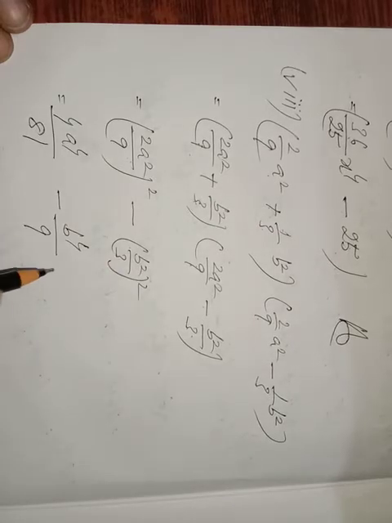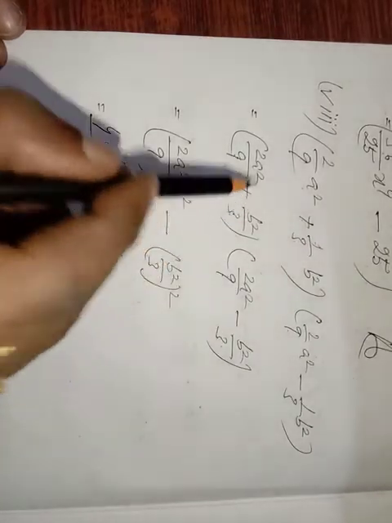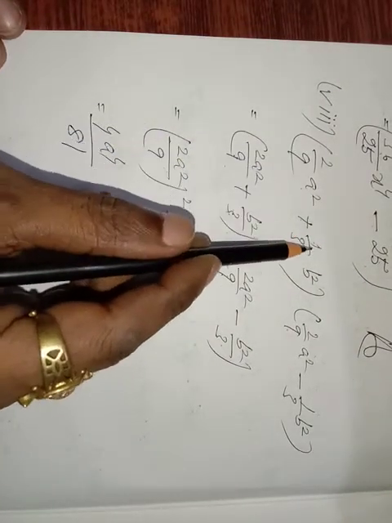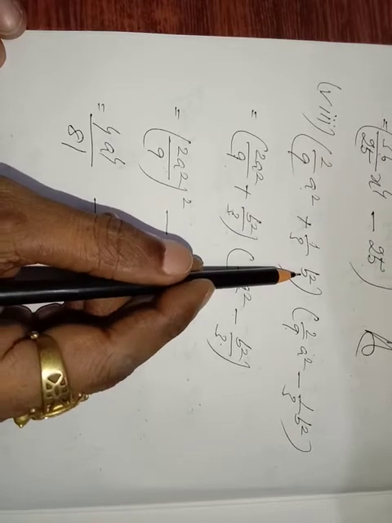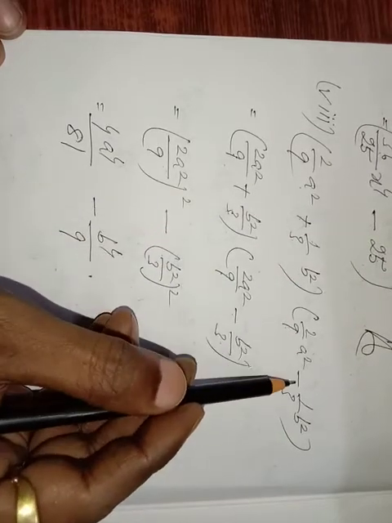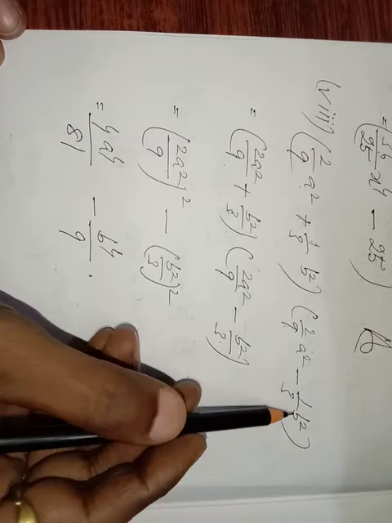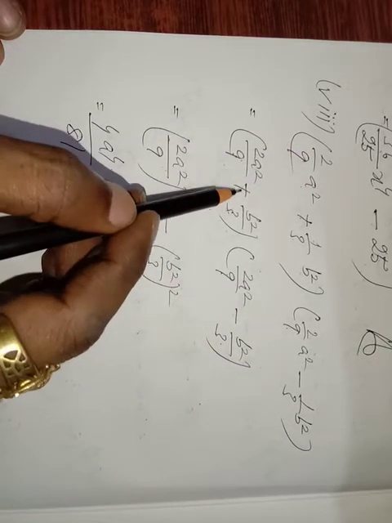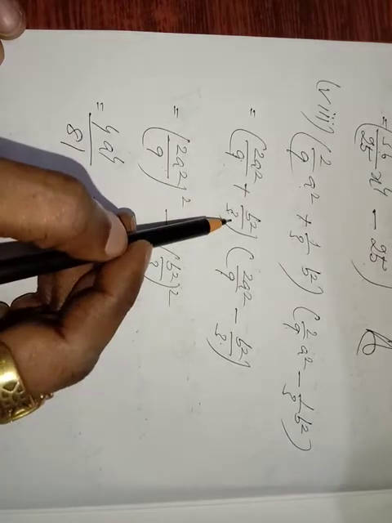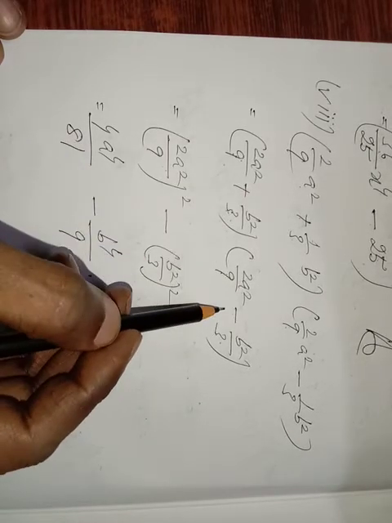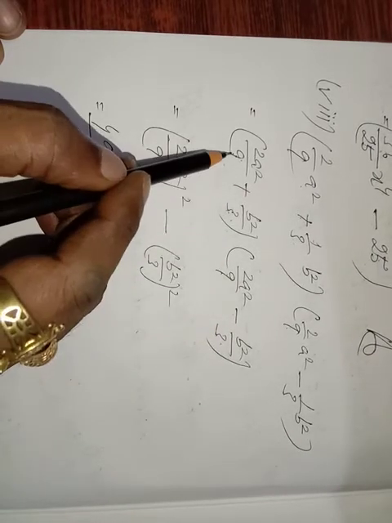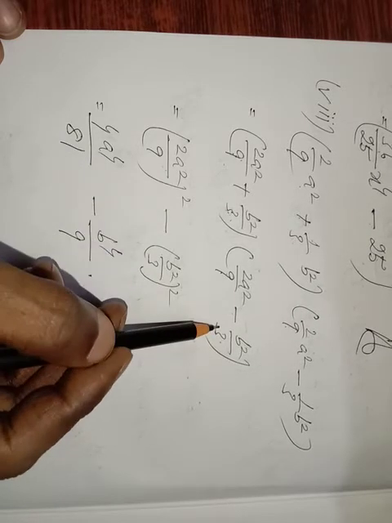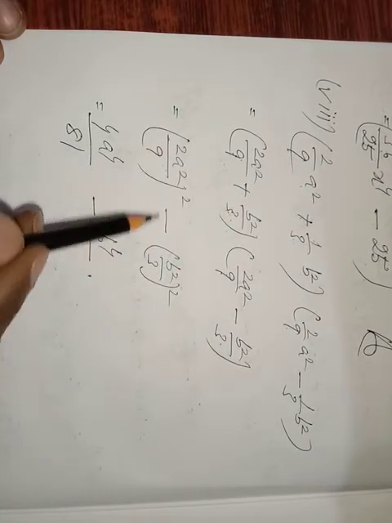See the question written: 2 by 9 a square plus 1 by 3 b square whole into 2 by 9 a square minus 1 by 3 b square. I am taking it like that: 2a square by 9 plus b square by 3 whole into 2a square by 9 minus b square by 3. Using the formula a plus b whole into a minus b, the result is a square minus b square.